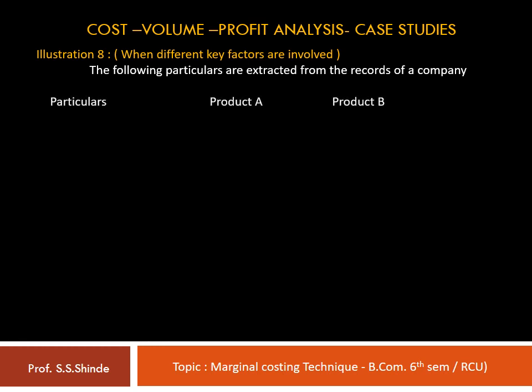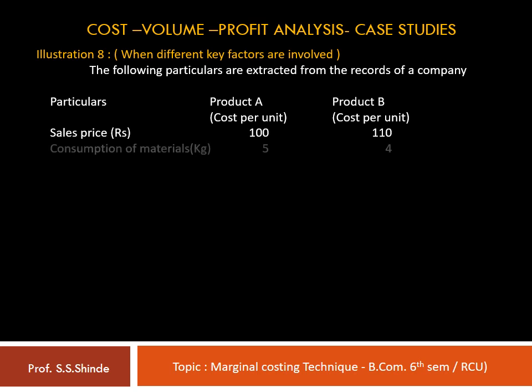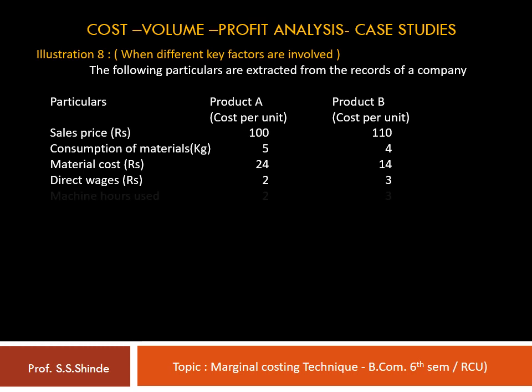The particulars given for the two products produced, product A and product B, are: sales price rupees 100 and rupees 110 respectively. Consumption of material in terms of kgs, for product A it's 5 and product B it's 4 kgs. Material cost, for product A it's rupees 24 and product B rupees 14. Direct wages rupees 2 and rupees 3 respectively.